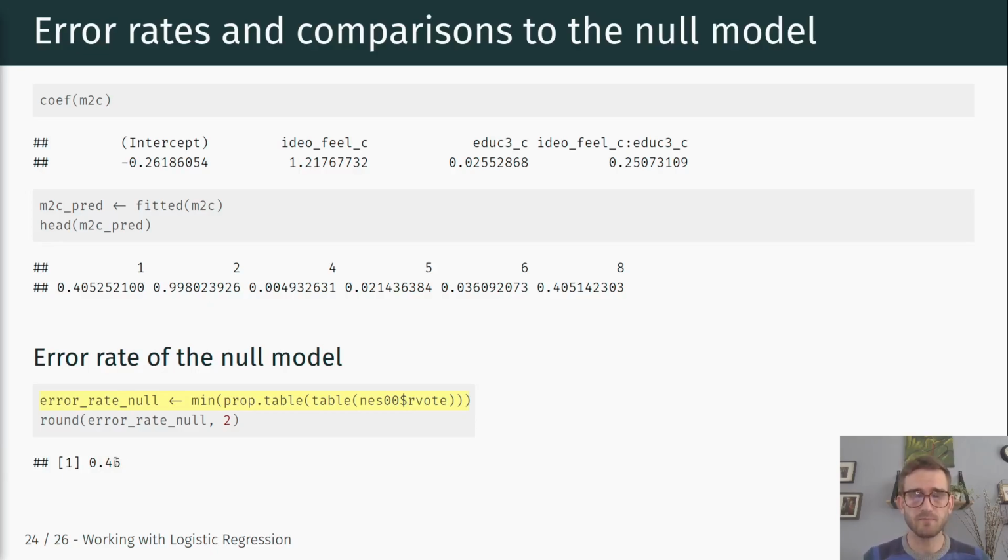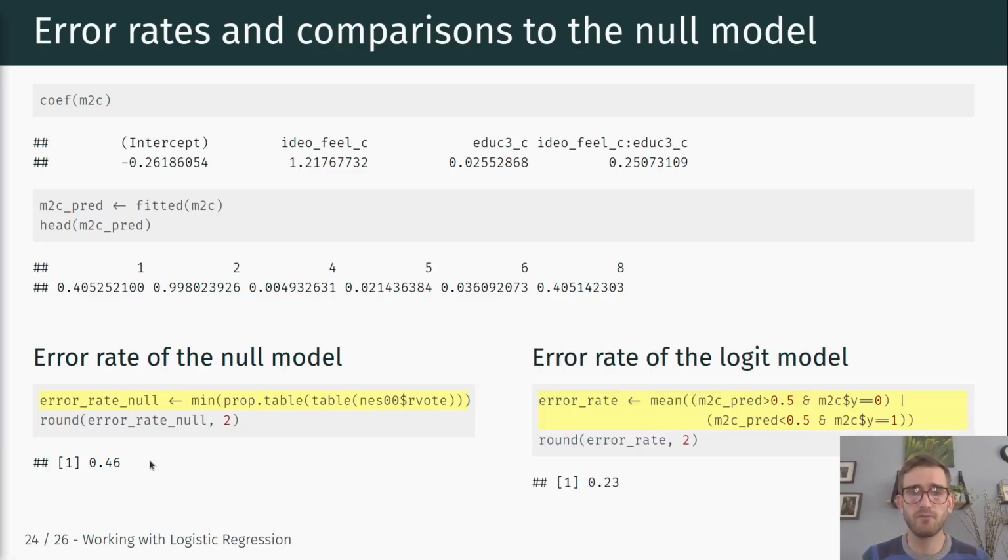That means the modal category across all observations, 54%, votes for the Republican candidate. If we assign that vote to each individual observation, we get an error rate of 0.46. Okay, so now how well does our logit model compare to that?